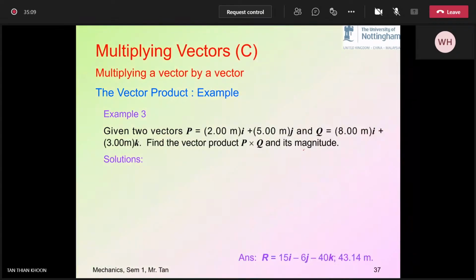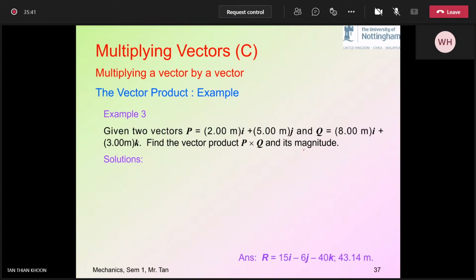Example 3. So this example 3 also wants us to find the vector product P cross Q and its magnitude. Again, they want us to find magnitude, but they didn't ask us directions, luckily, because it is a 3-component vector.